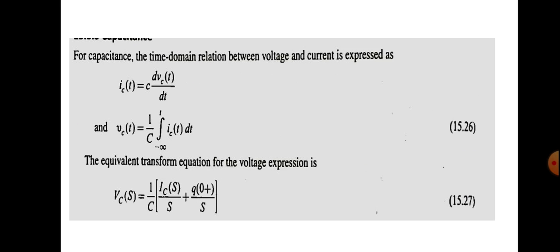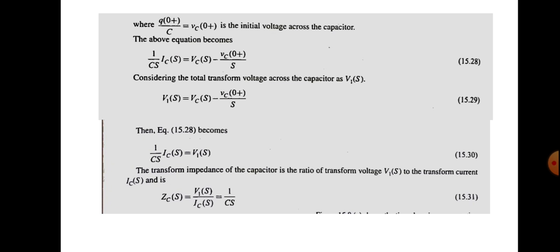Here we take the Ic of s term on the left side and Vc of s on the right side, which is why we get this equation. Considering the total transform voltage across the capacitor as V1 of s, V1 of s equals Vc of s minus Vc of 0 plus divided by s, and that is the total voltage.